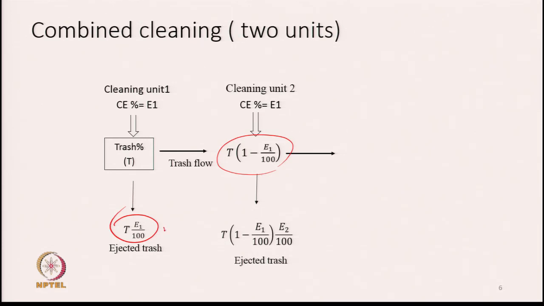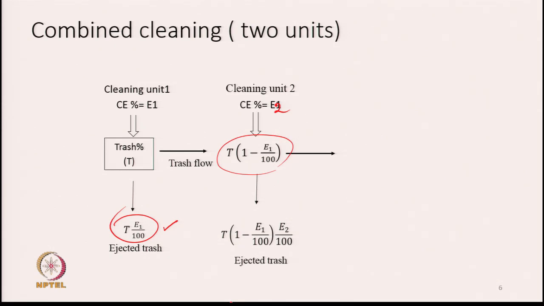So, this much is removed and this much goes to the next machine, which is cleaning unit 2. Let us say cleaning unit 2 has a cleaning efficiency E2. This machine is also going to clean the trash which is being fed to it. Therefore, the trash that will be ejected is T into 1 minus E1 by 100 into E2 by 100.